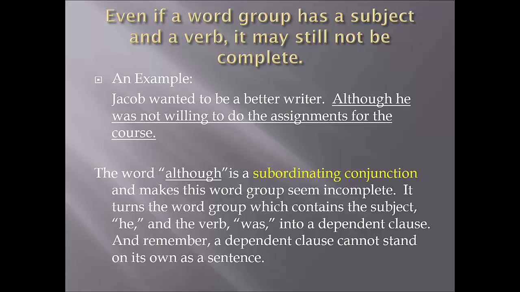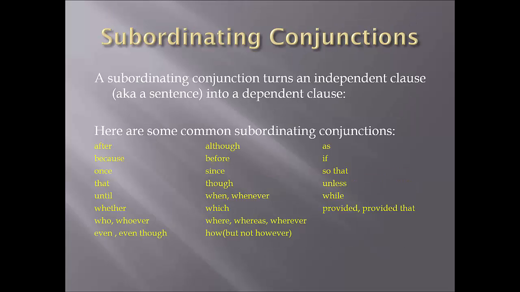It turns the word group, which contains the subject he and the verb was, into a dependent clause. And remember, a dependent clause cannot stand on its own as a sentence. Here is a list of some of the more common subordinating conjunctions.